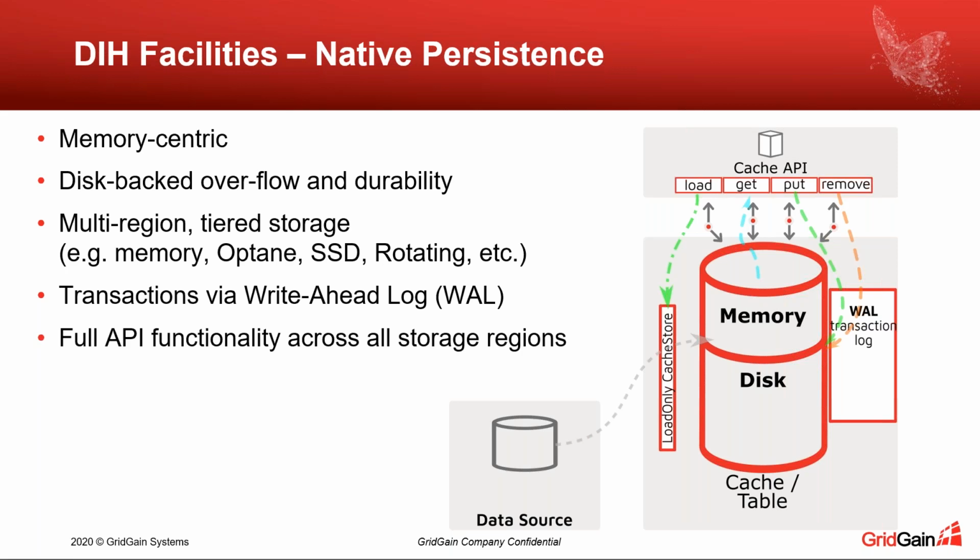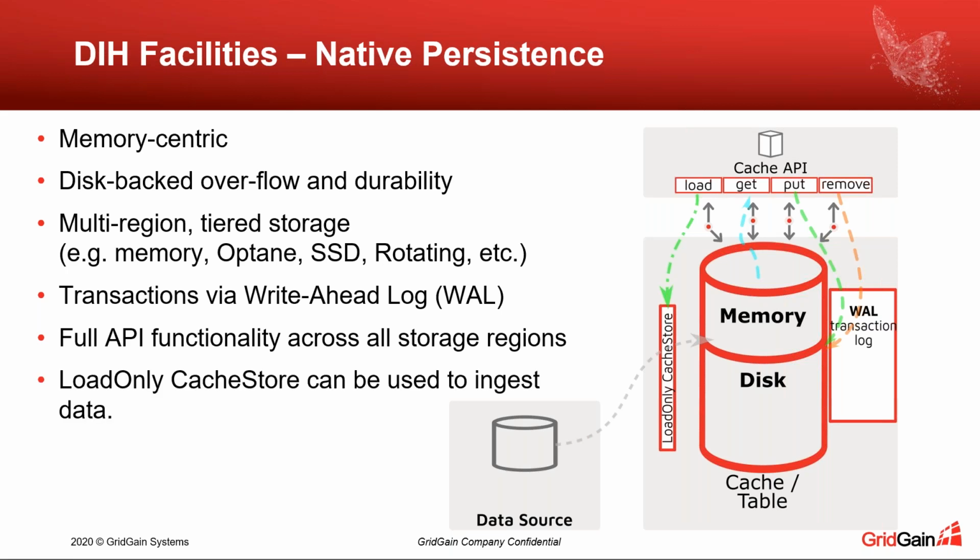And the complete API suite is functional across SQL and cache APIs. So you get read-through, write-through, query-through across all partitions, whether that data is in memory or only on disk. And a variant, I should say, of the cache store is also applicable to Ignite persistence, which supports loading data into the cache store. Sorry, into Ignite persistence.